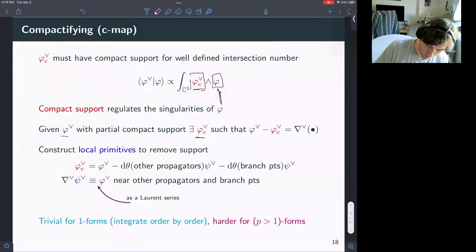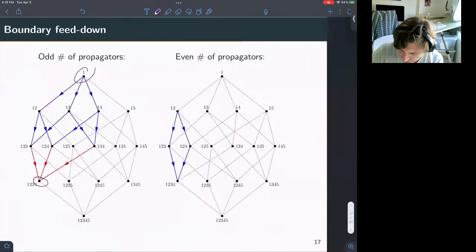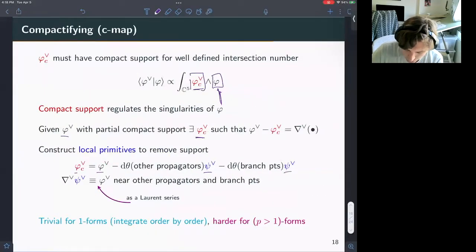At least in 1D, this is very simple. We just need to find some local primitives in order to remove support around the singularities. So essentially, this phi c is just our original phi, and then we subtract d theta around where the propagators are going to 0 times some primitive, minus d theta around some branch points, again another primitive.